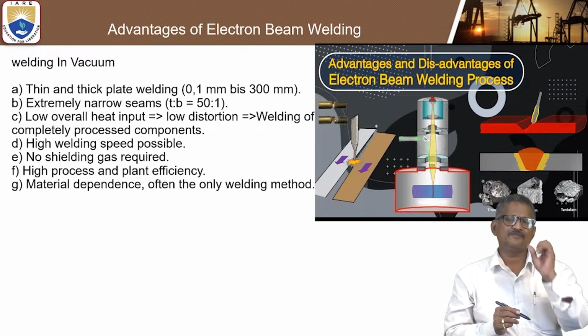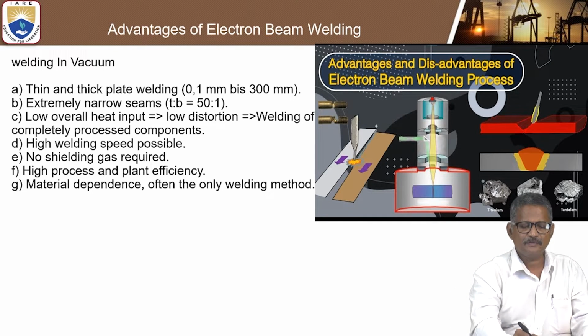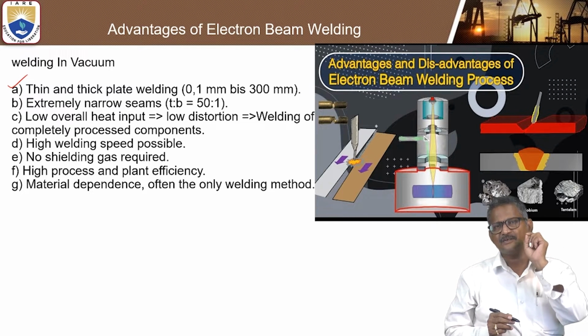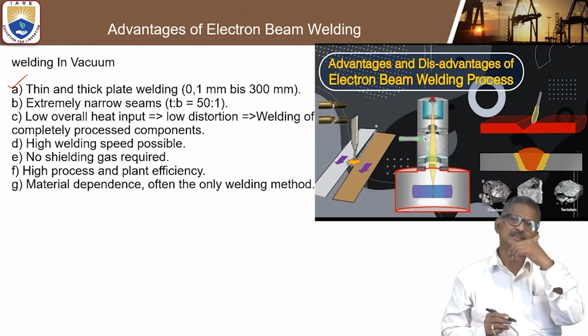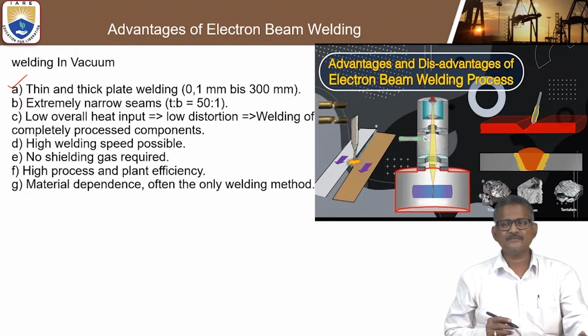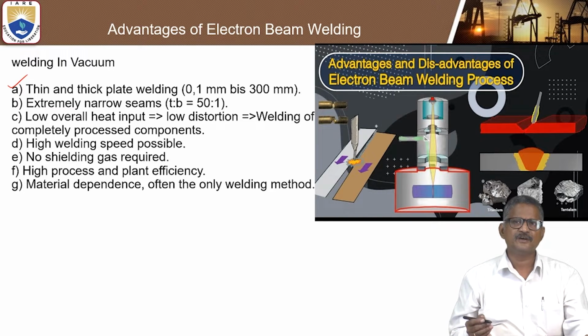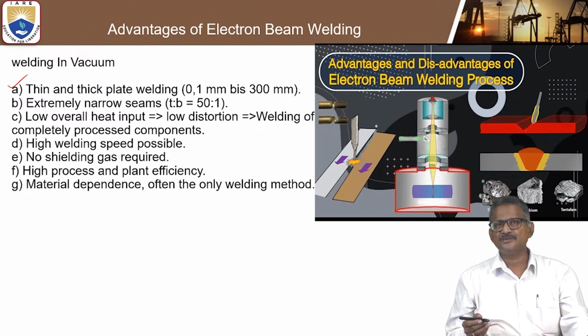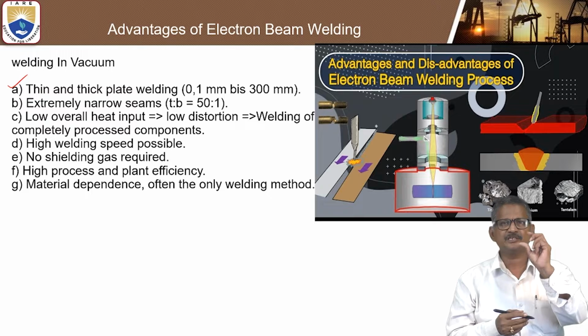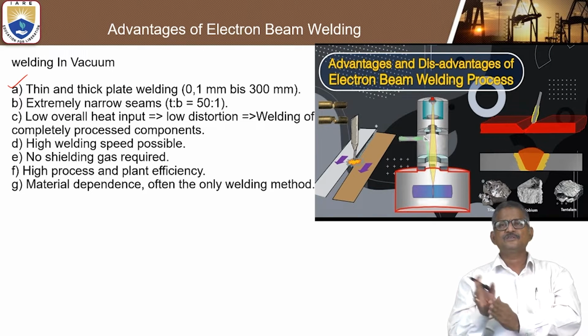The first and foremost advantage is thin and thick plate welding. It is not only thick; we can also use thin, depending upon the application. You can see from 0.1 mm up to 300 mm thick can be welded with this process.